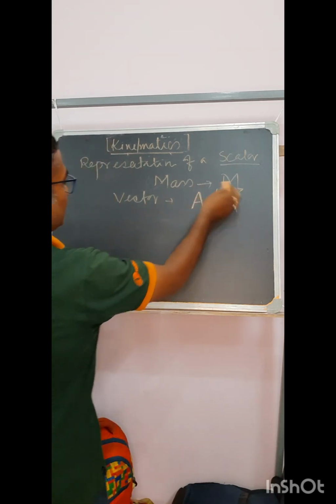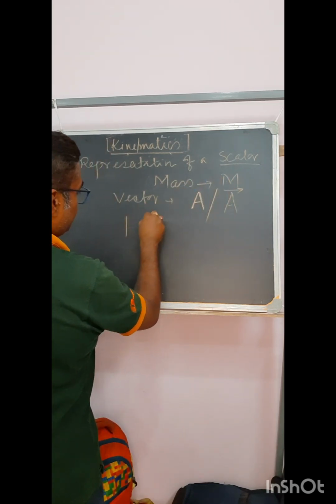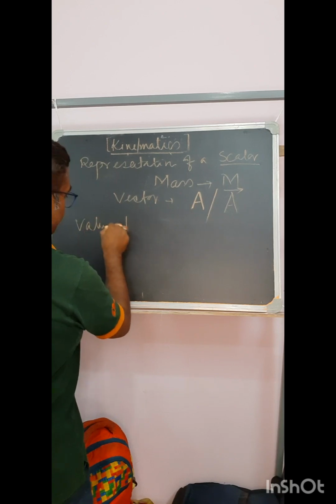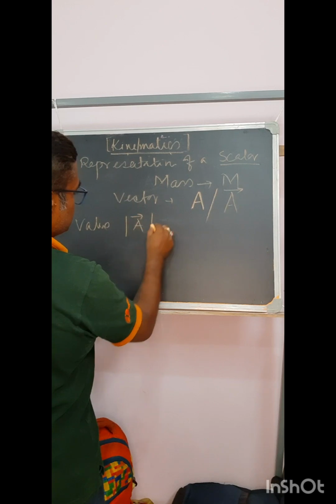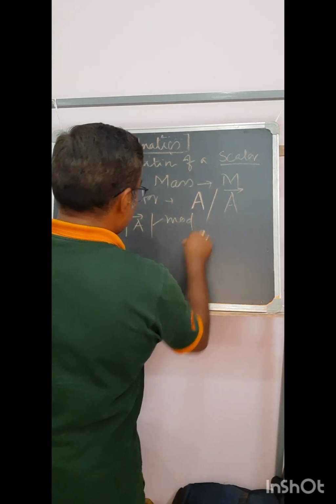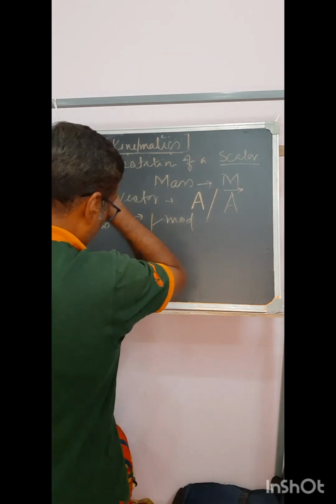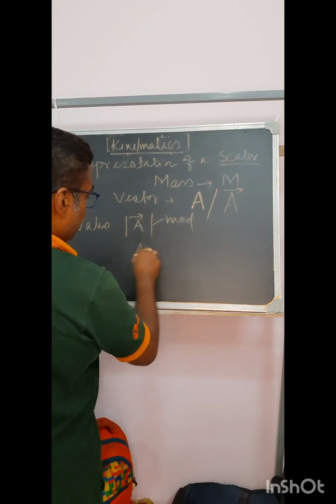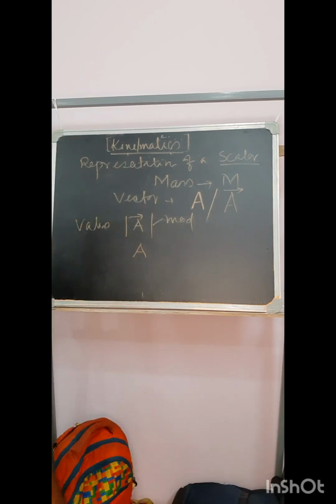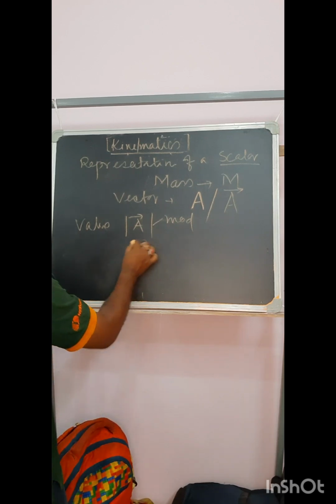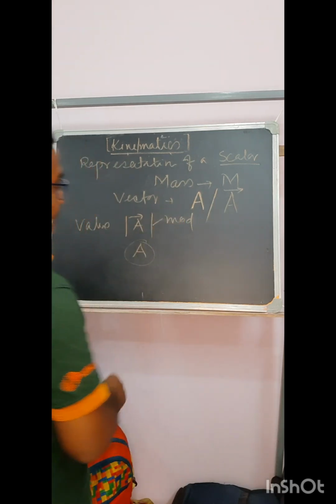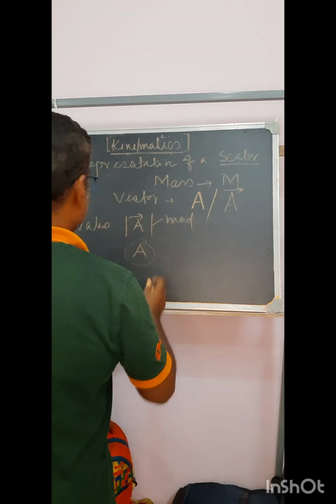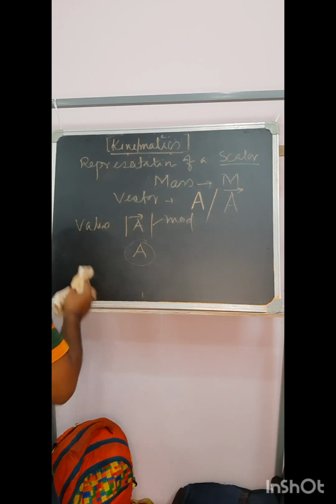And the value of a vector is represented by these two parallel lines. This is called mod. So mod of A, or sometimes simply A, not followed by this, can also be used somewhere. So if you see this letter, it also denotes the value of that vector A. So this is the notation of vectors.